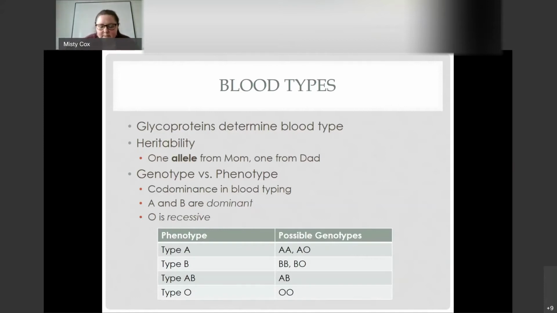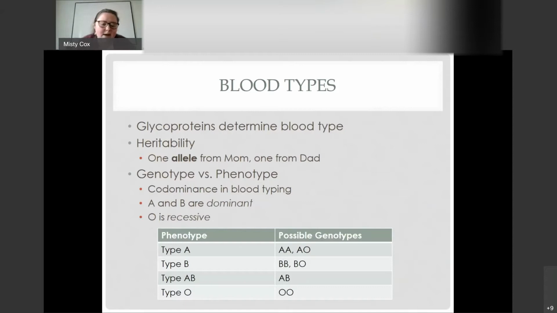So genotype is the combination of alleles in your genes, what you get from mom and what you get from dad. And your phenotype is how your genes are expressed, the physical representation of it.